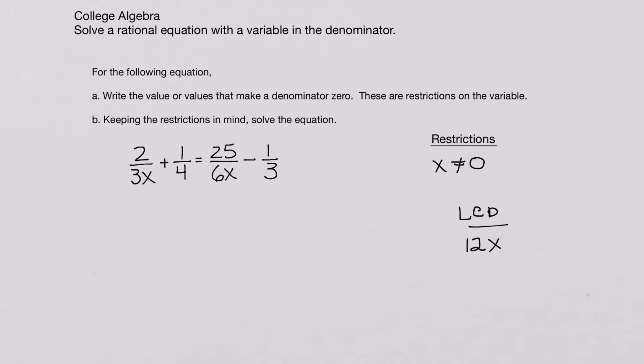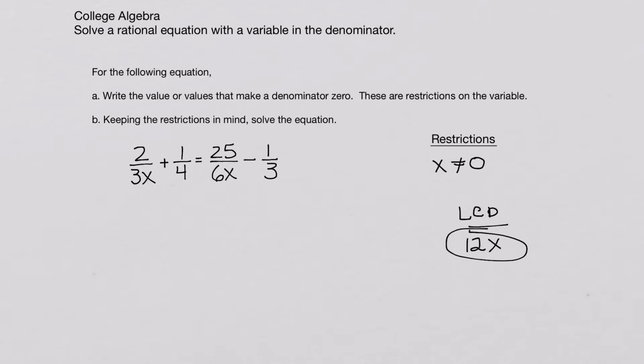Now I want to take this least common denominator, and instead of changing the denominators, I'm going to multiply every term in the equation, regardless of whether it's a fraction or not. Now in this case we have 4 fractions, but if I had a term that wasn't a fraction, then I would still multiply it by the LCD.